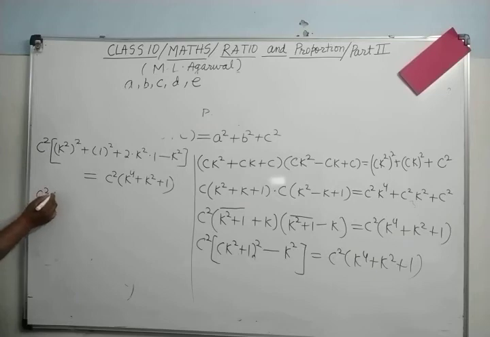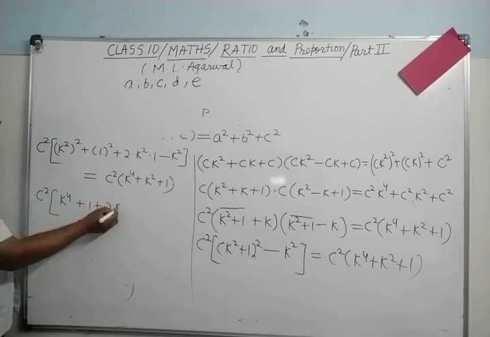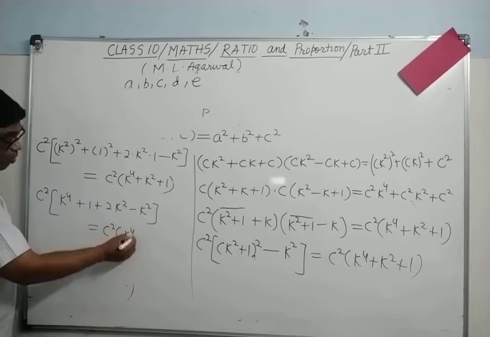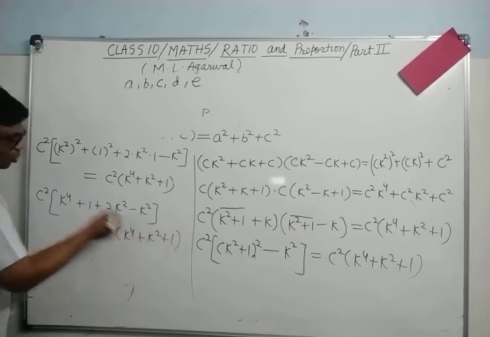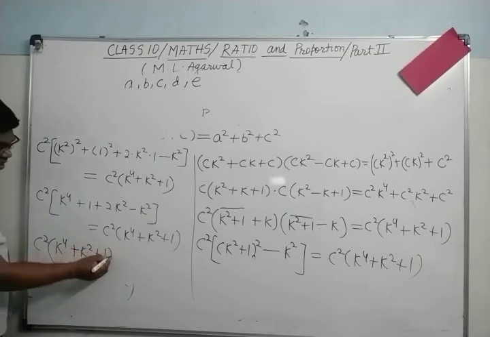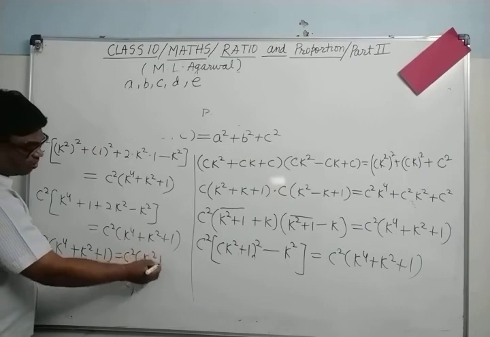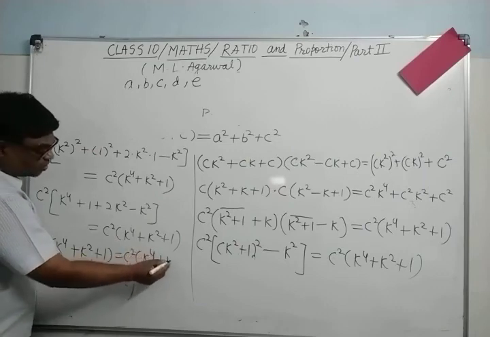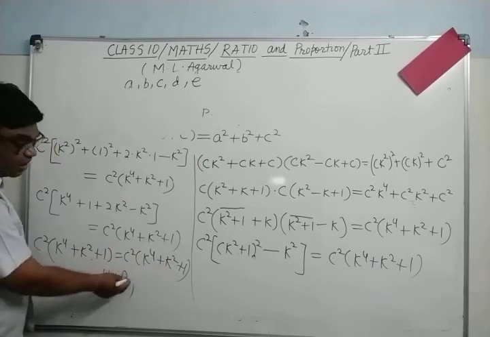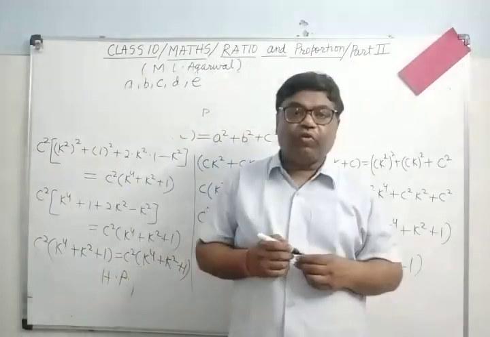Now C square, K square whole square, K power 4 plus 1 plus 2K square minus K square equals C square, K power 4 plus K square plus 1. Now you simplify the LHS. C square K power 4, 2K square minus K square is how much? K square plus 1 equals C square, K power 4 plus K square plus 1. So hence proved. You can see here both the sides are the same, therefore it is proved.